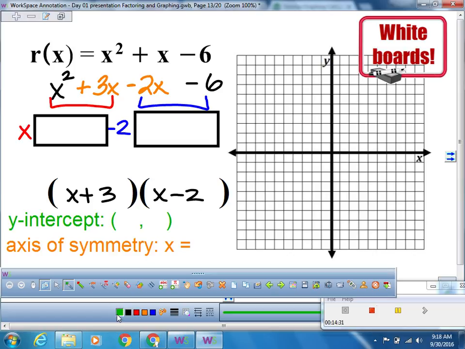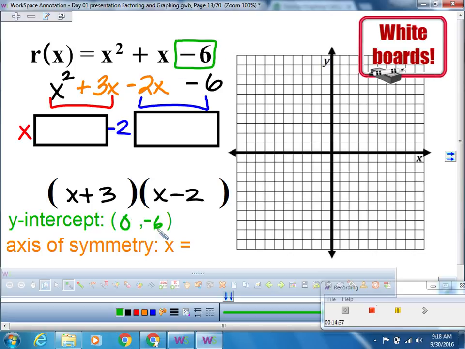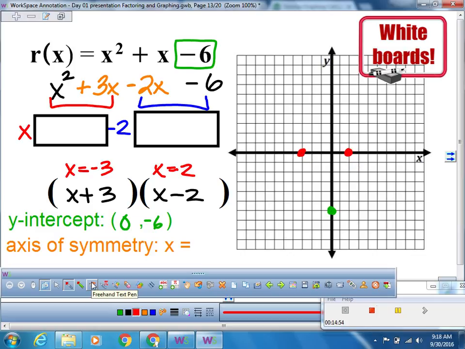So we already knew what our y-intercept was because it's right here. 0, negative 6. 1, 2, 3, 4, 5, 6. Then I know I have 2 zeros. They're right here. x equals negative 3 and x equals 2. Negative 3, positive 2. I have an axis of symmetry in between them.